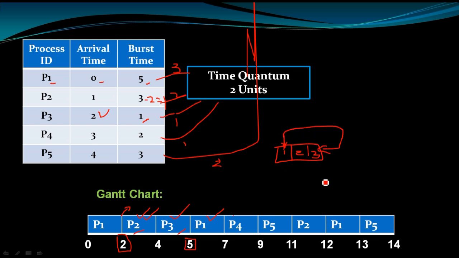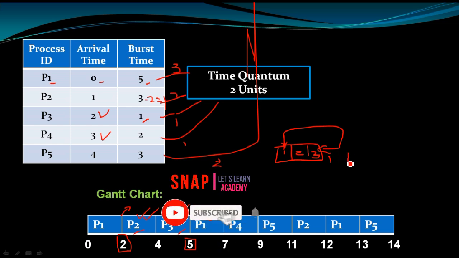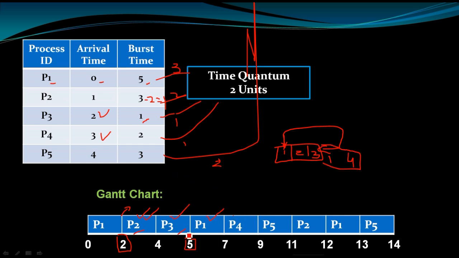Thereafter, at the third millisecond, process 4 is added to the ready queue. This is the queue we have. And on the 4th nanosecond, the fifth process is added to the ready queue. So this is the ready queue of the round robin.